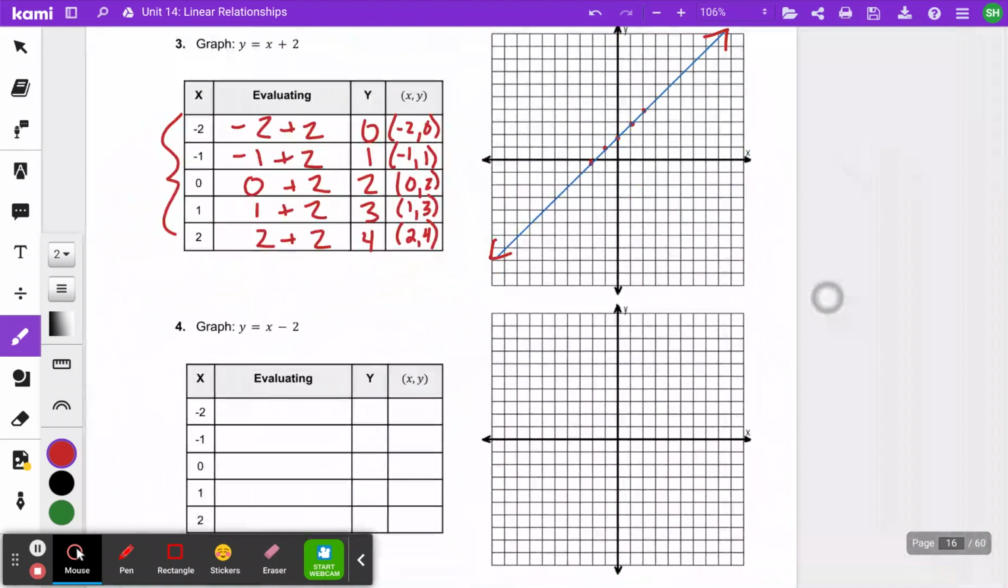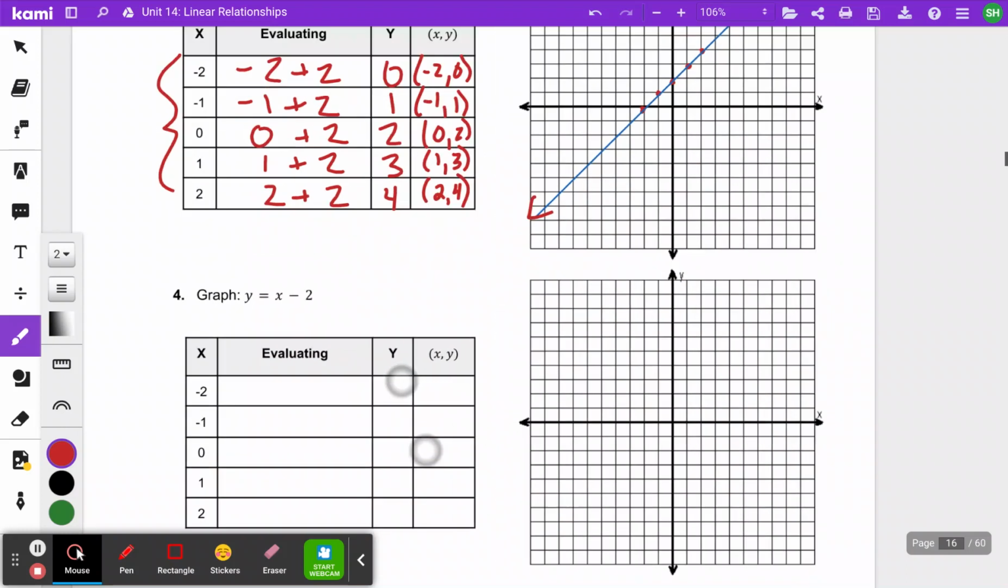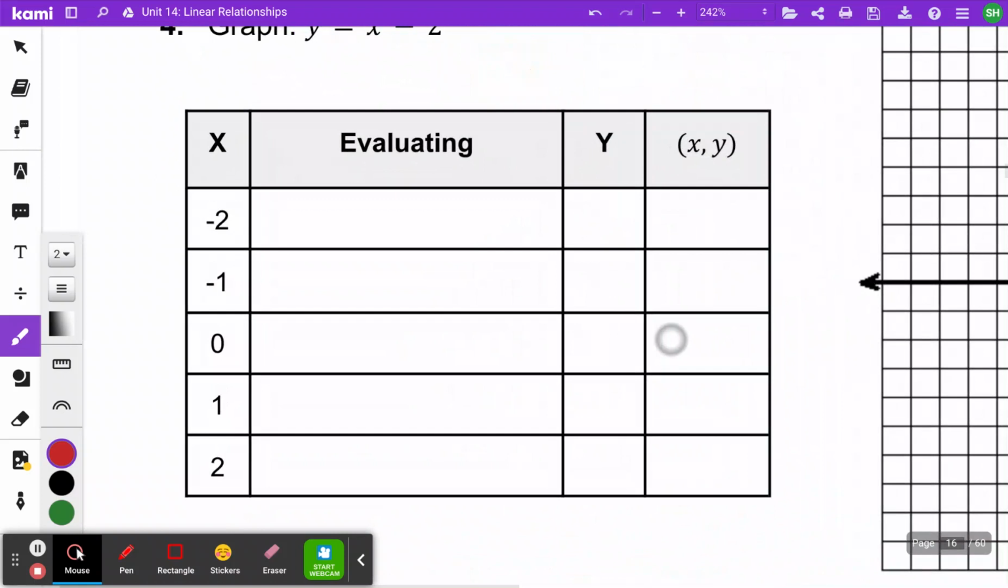You might be able to notice the difference between the two equations that I gave you in question 3 and question 4. Question 3 has x plus 2, where question 4 has x minus 2. So when we go down to evaluate this one on repeat, we're taking all of these values that are in the x column of our chart, but we're going to subtract 2 every single time now.